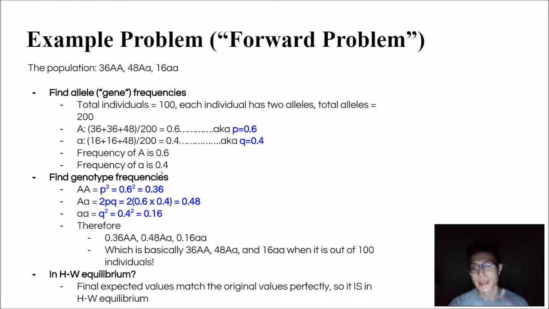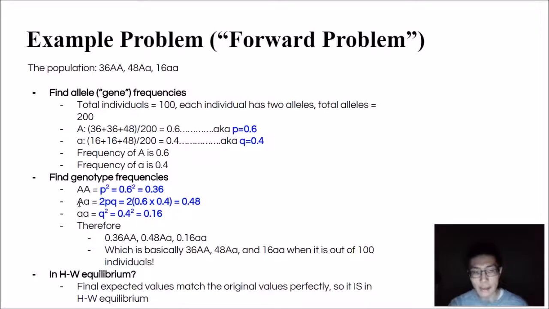Okay. The next step is to find the genotype frequencies. The genotype frequencies use your p squared, q squared, and 2pq formulas. Let's start with p. p correlates to big A. You have big A big A, that's p times p, or p squared, which is 0.6 times 0.6, or 0.6 squared, and that's 0.36.